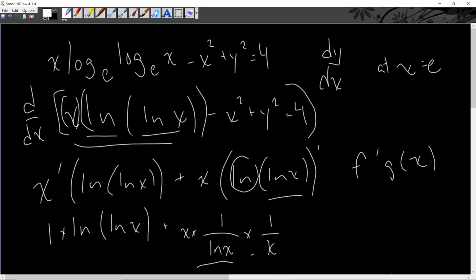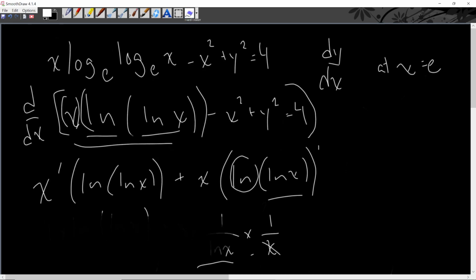So if this is g of x, then g of x doesn't actually change when you do f prime, and the derivative of ln is u prime over u, or 1 over x. So from here, x's cancel, and then we're left with a nice and easy looking ln of ln x plus 1 over ln x.